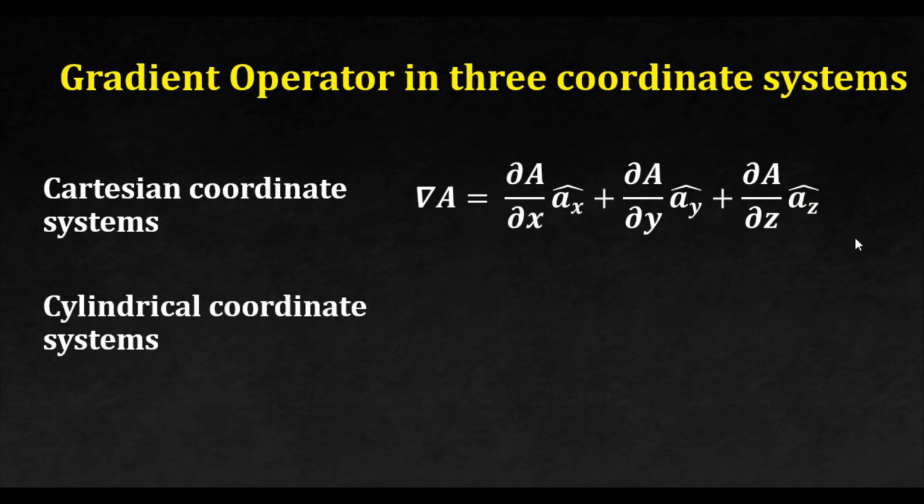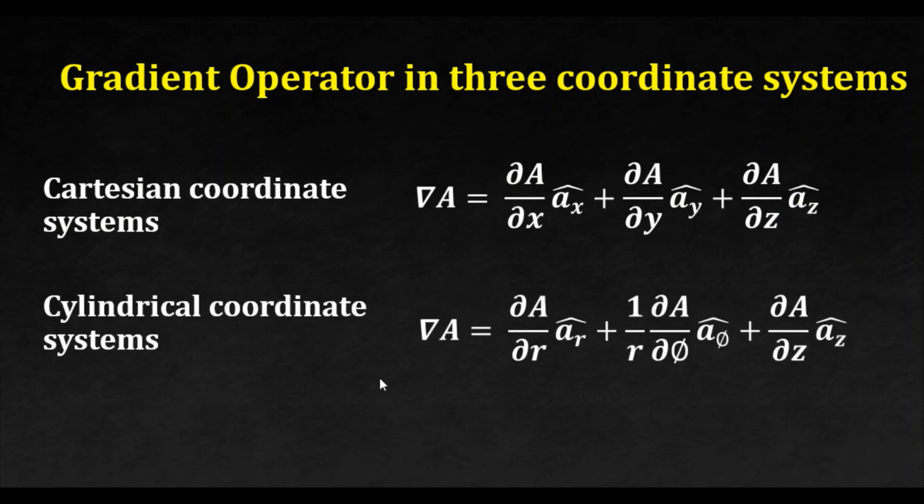In the cylindrical coordinate system, it is given by the formula ∂/∂r of A, Ar cap, ∂/∂φ of A, Aφ cap, ∂/∂z of A, Az cap. So the unit vectors are changing, as well as one change that you are observing. In the middle term, I have 1 upon r.